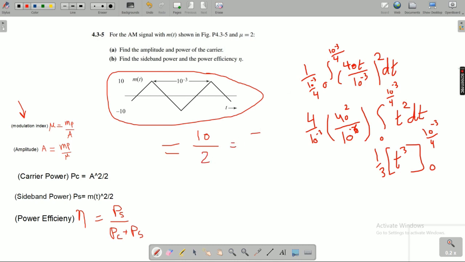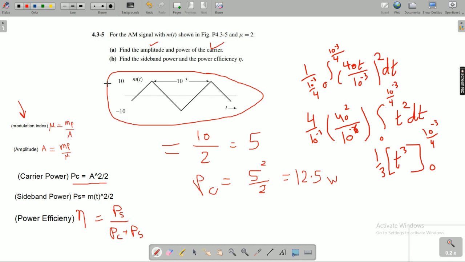So it will be 5. This is our amplitude, and this is the first part of the first requirement. For the power of the carrier, we can use this formula, which is A squared divided by 2. So Pc here equals 5 squared divided by 2, which equals 25 over 2, which equals 12.5 watts.